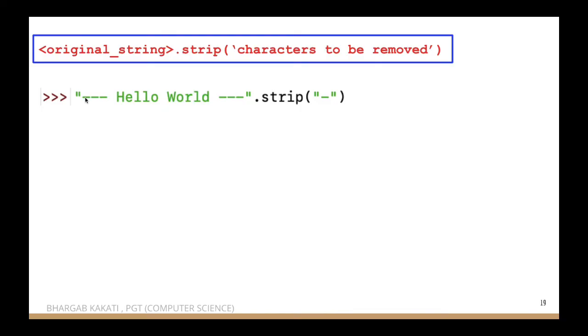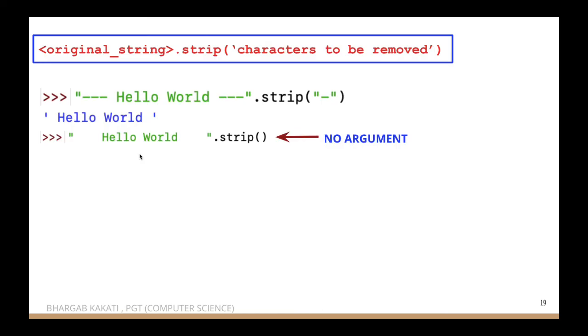So if I give dash dash dash hello world dash dash dash dot strip dash, what will happen? Dash will be removed from both sides, from the left hand side and from the right hand side, as you can see in the output screen. If I do not pass any argument, as you can see here, then whatever white space characters are there, they will be removed from both the sides.